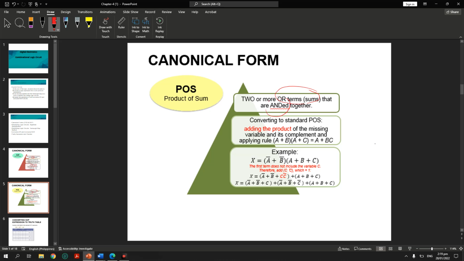So in this example, we have the A plus B, that is a sum. Then it is multiplied to the quantity A plus B plus C. The parentheses here of the two terms, this is term number one and this is term number two. The parentheses in the two terms indicate a product. So that is why it is called the product of sums.